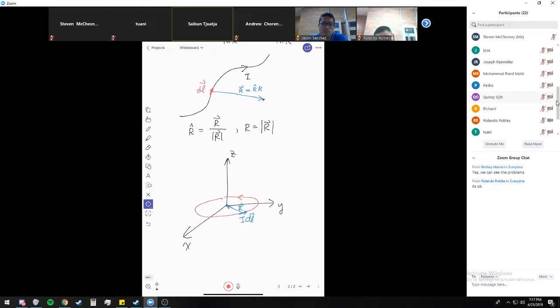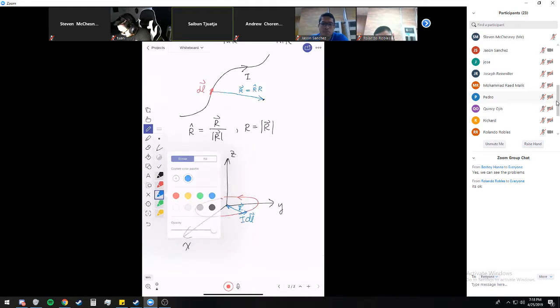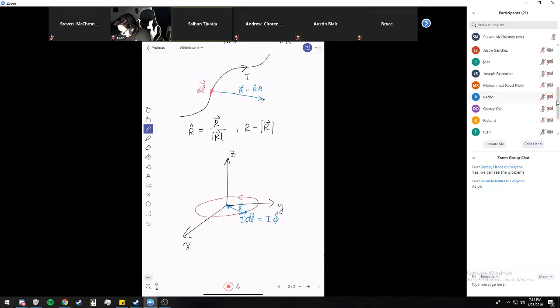There's only one component. This cross with this only has the positive z component. This phi, which is dl. So let me write it down. What is dl? So dl is equal to I phi hat dr.